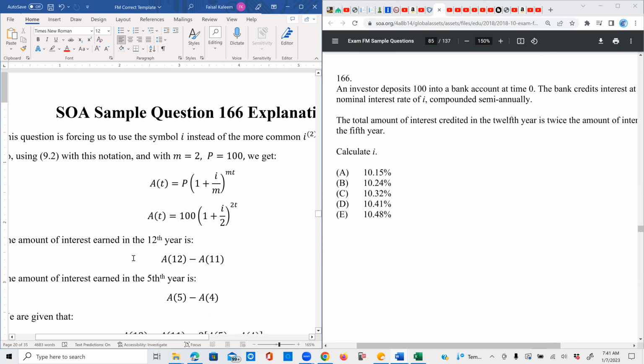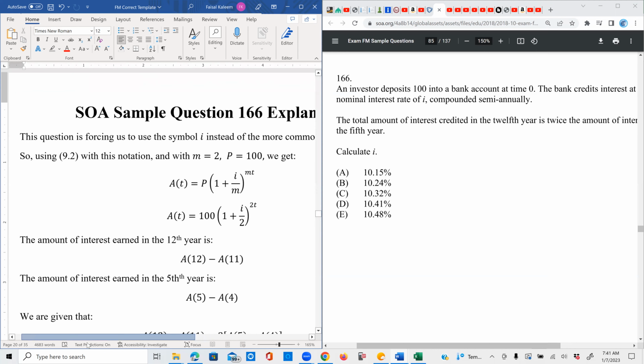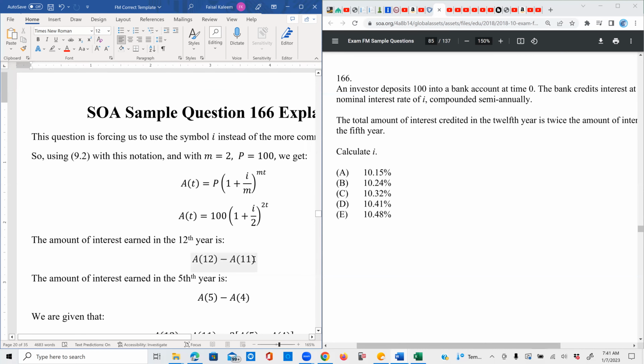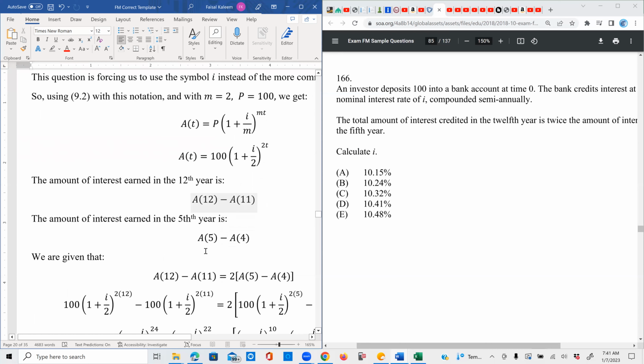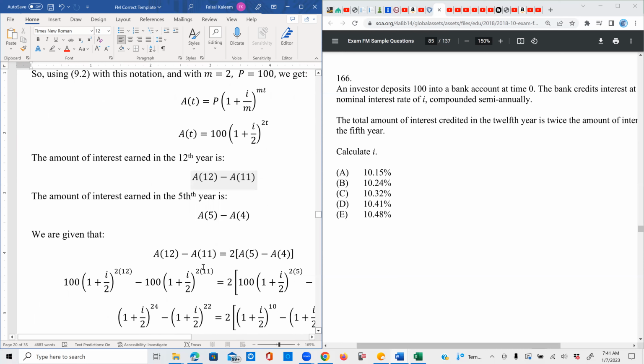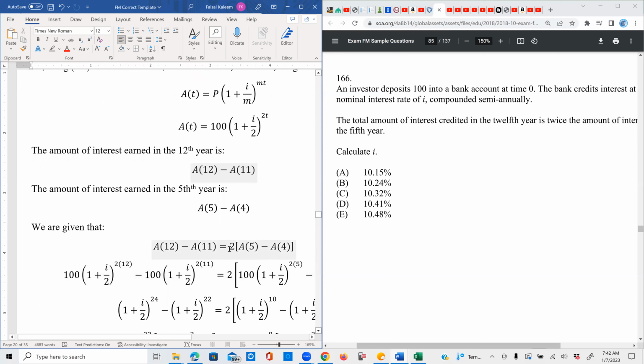Now, the amount of interest earned in the 12th year is A12 minus A11, right? The amount at 12 minus the amount at 11 gives you how much interest was earned during the 12th year. Similarly, the amount of interest in the 5th year would be A5 minus A4. And we are given that the amount of interest in the 12th year is twice the amount of interest in the 5th year. So A12 minus A11 equals twice of A5 minus A4.